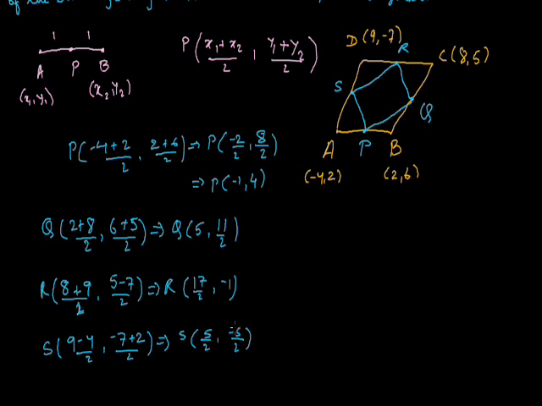Now, in order to prove that PQRS is a parallelogram, we shall prove that PQ is parallel to RS and PQ is equal to RS, or else we can prove that PQ is parallel to RS and RQ is parallel to SP.